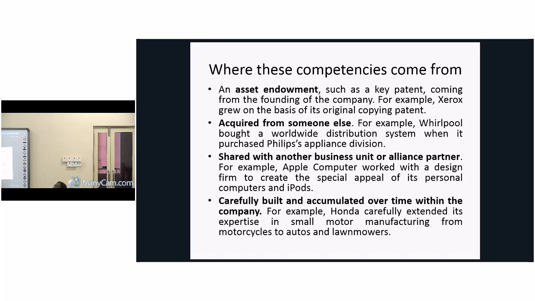Acquire from someone else. Sometimes you can acquire these core competencies from someone else. So, for example, you see this in the corporate world. Sometimes a brilliant CEO is working, making changes and working in a dynamic way in a particular company.